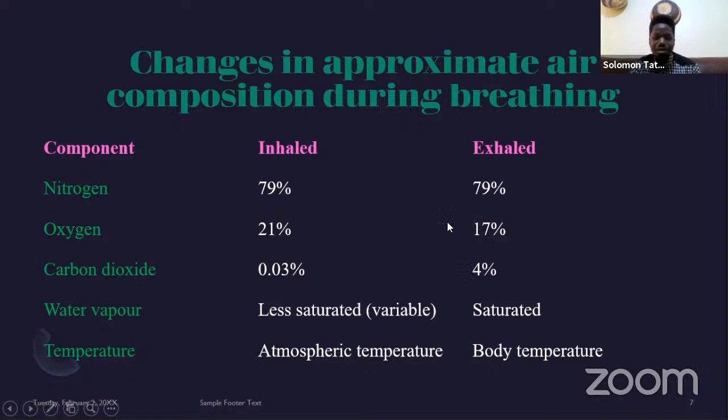So the air that comes out of our lungs has only 17% oxygen. Carbon dioxide is 0.03% in the atmosphere, but we exhale a whopping 4%. That's a huge increase from 0.03 to 4%. So there's a lot of carbon dioxide we exhale.